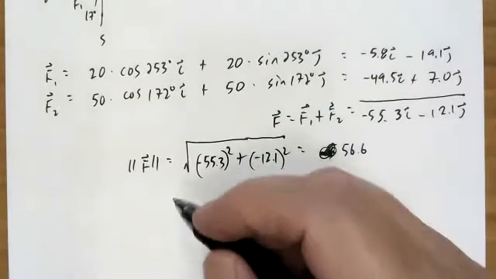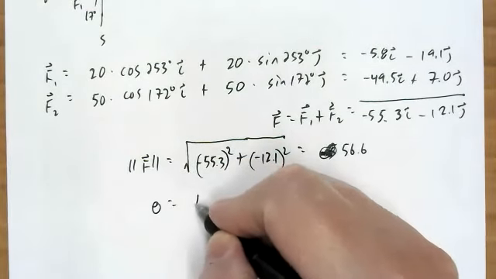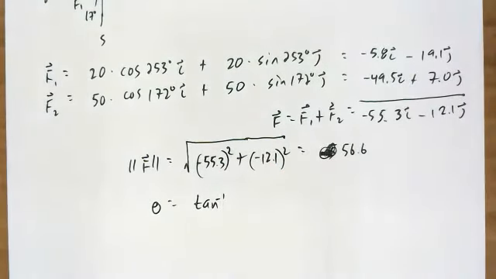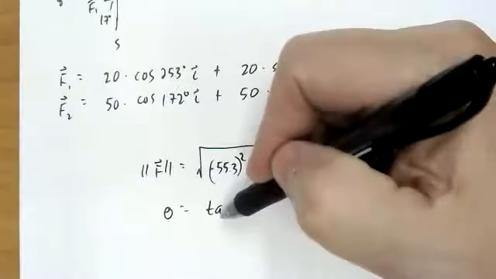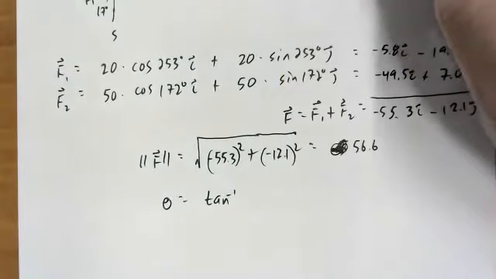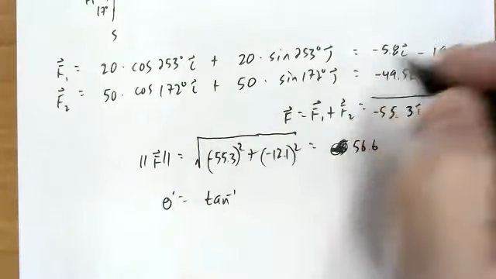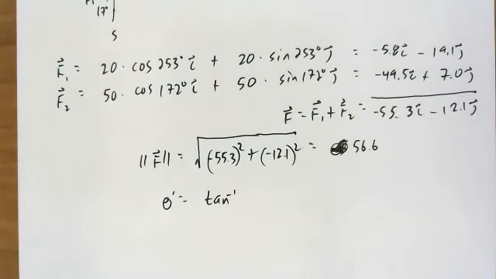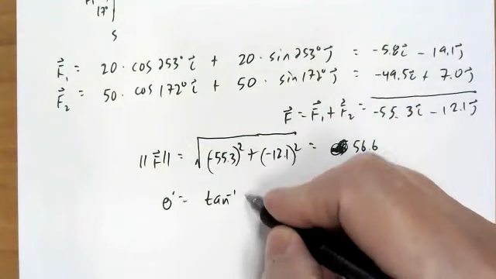And what's the angle? Now, the angle is always the tricky part. Because I know my vector is in the third quadrant, this formula is not going to give me my answer directly. So I'll call this theta prime.